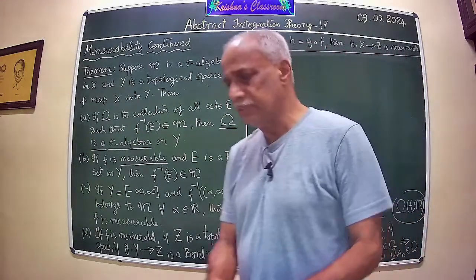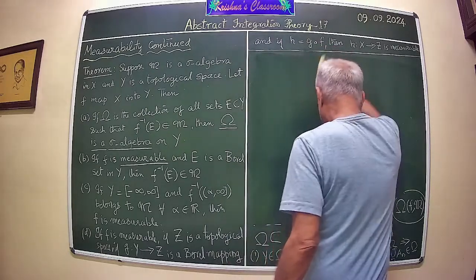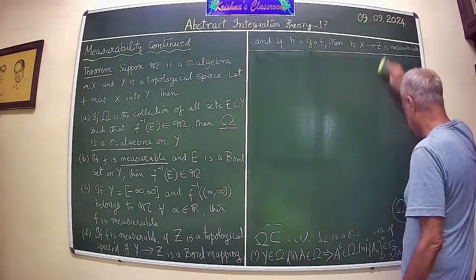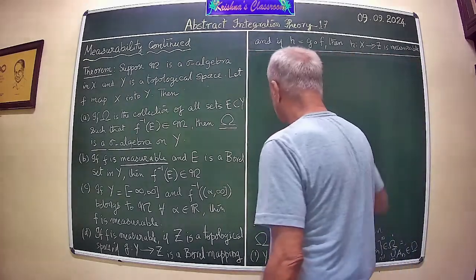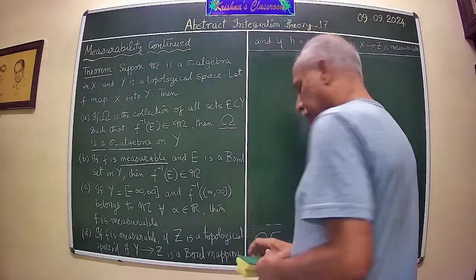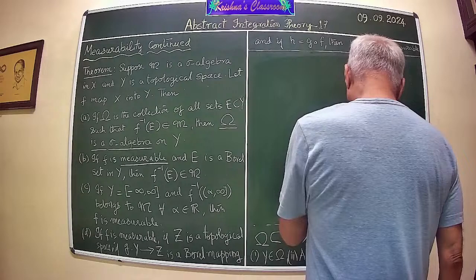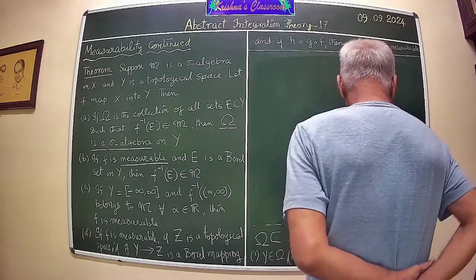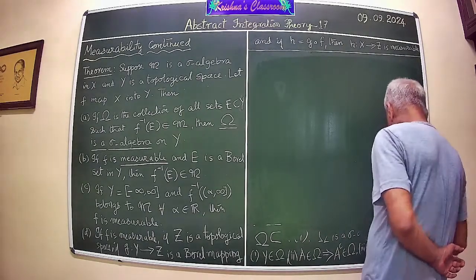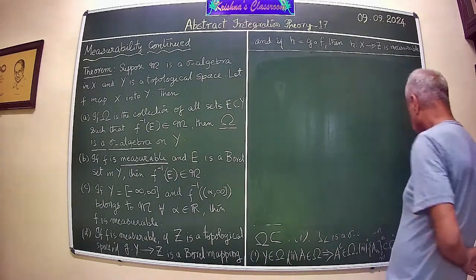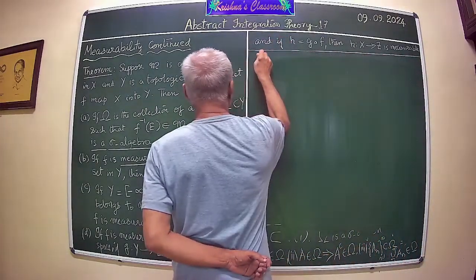So we have to prove these three things, namely that Y belongs to omega. If A belongs to omega, then A complement belongs to omega, and A_n belongs to omega for n equal to 1 to infinity. Sorry, this collection is a subcollection of omega. That means each A_n is in omega and their union is in omega. So first.